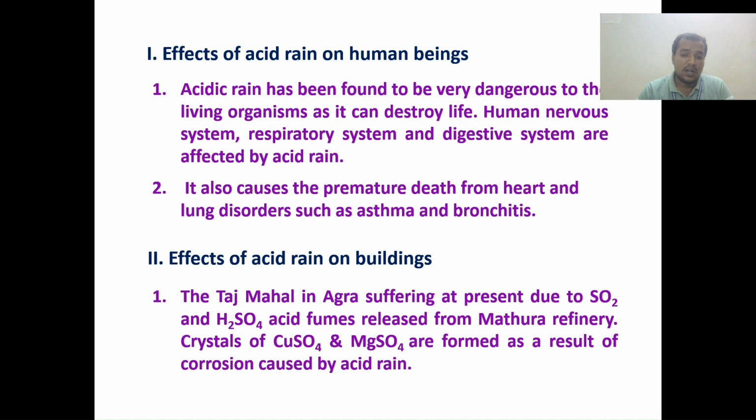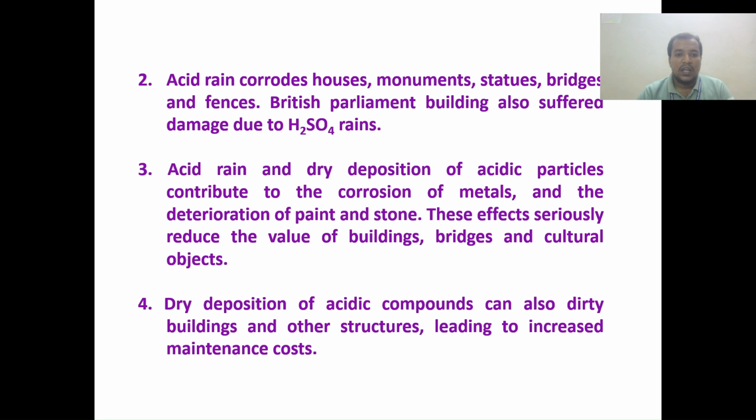And the effect of acid rain on buildings. As we already discussed, the Taj Mahal in Agra is suffering at present due to sulfur dioxide and nitric and sulfuric acid fumes released from the Mathura refinery. Crystals of copper sulfate and magnesium sulfate are formed as a result of corrosion caused by the acid rain. Acid rain corrodes houses, monuments, statues, bridges and fences.